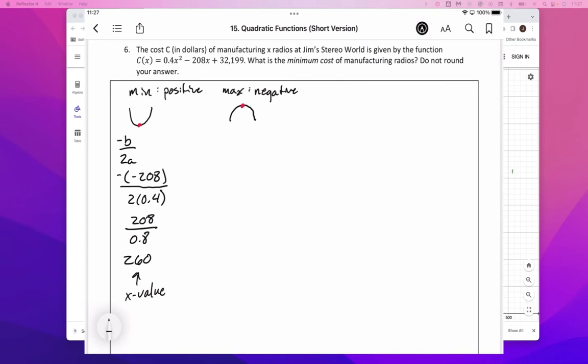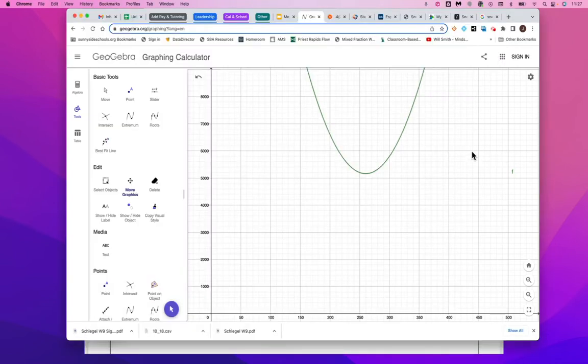Now I have gone ahead and graphed this like I did the other ones in GeoGebra. And we can see that the minimum, it looks like it happens right there. If we follow that down to the graph, that is an x value of 260. So 260 is reasonable. And if we think about what is the minimum cost, the minimum cost is going to be just over $5,000. I'm not sure exactly what it's going to be.